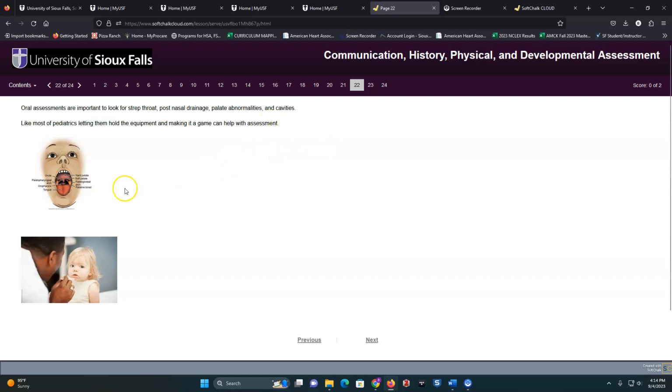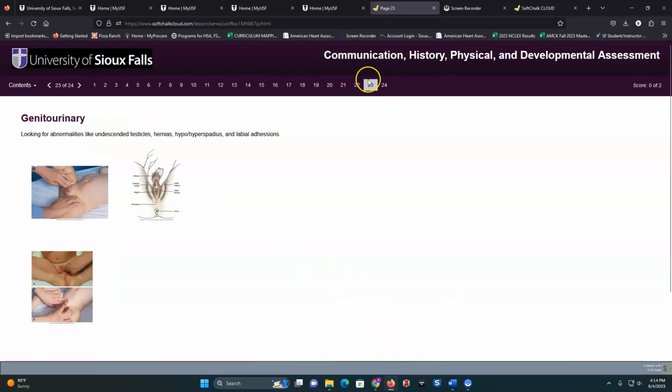So save it for one of your last activities. You can see how apprehensive this little kiddo is of the tongue depressor and being there. But oftentimes, if you have them roar like a lion or open wide like a crocodile, you can make it a game, and you can do it without the tongue depressor, which will benefit you.